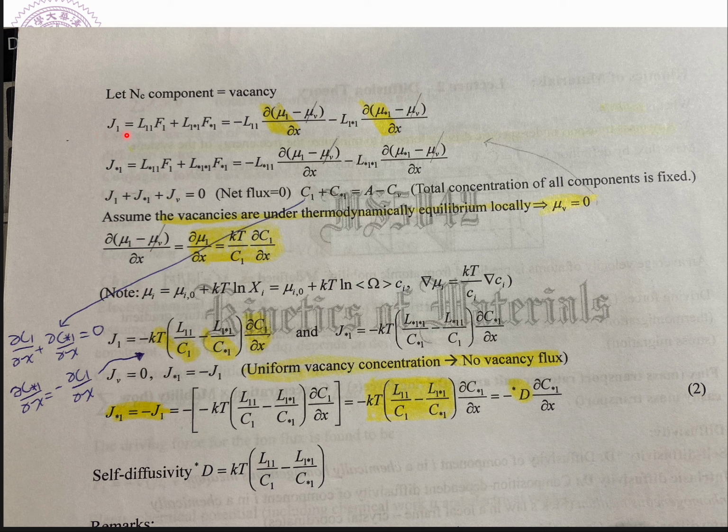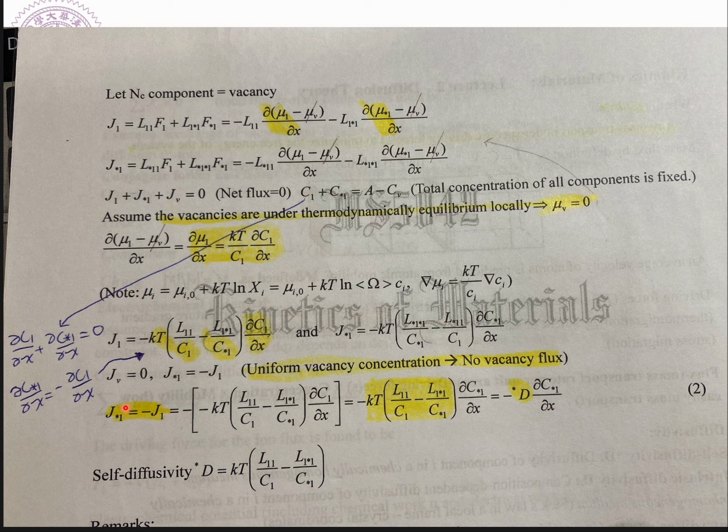So I believe you can write down the flux for component I and radioisotope I. Before we move to details, I want to show you the idea. In order to get D star, after a series of derivations, you will formulate J, the flux of radioisotope I, equals minus D star times the concentration gradient.